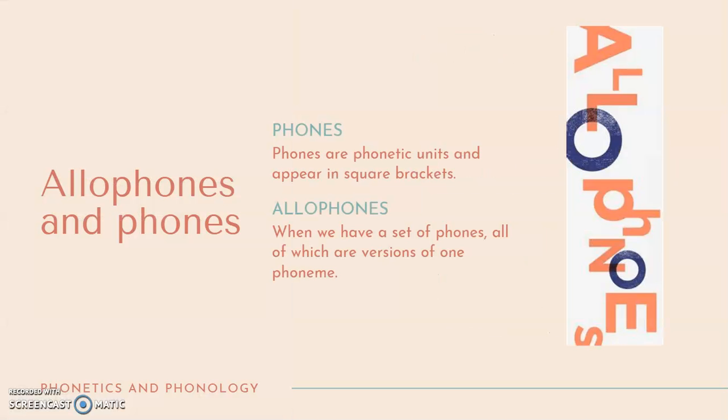Then allophones and phones. I'm going to explain the first one and then the second one. The first one is phones. Phones are phonetic units and appear in square brackets. And allophones is when we have a set of phones, all of which are versions of one phoneme.